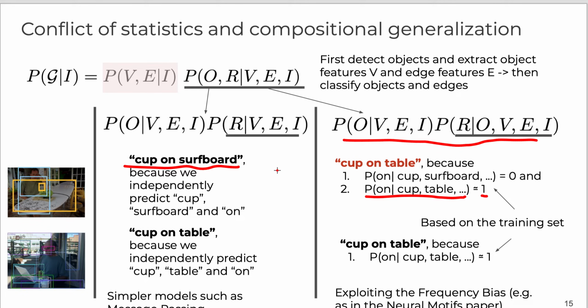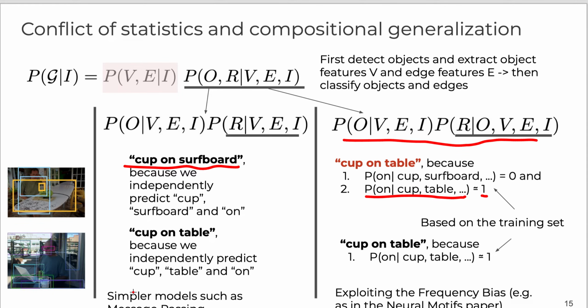From the statistical point of view, it doesn't make sense to predict a cap on any other object or cap under the surfboard, or sorry, cap under the table, because it was never observed, right? But this makes models very difficult to generalize to out of distribution compositions that the model hasn't seen during training.